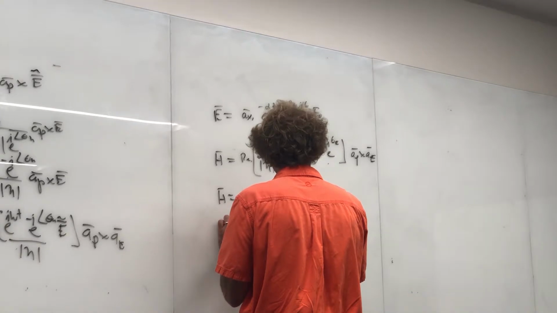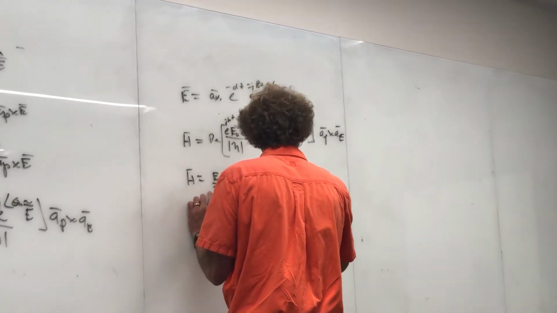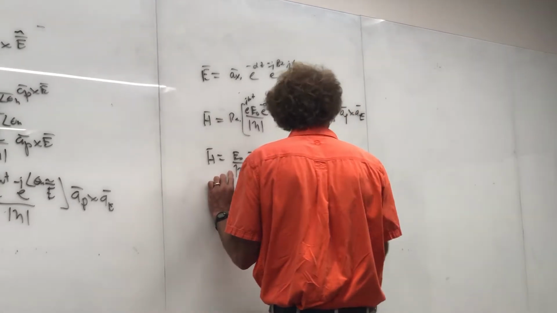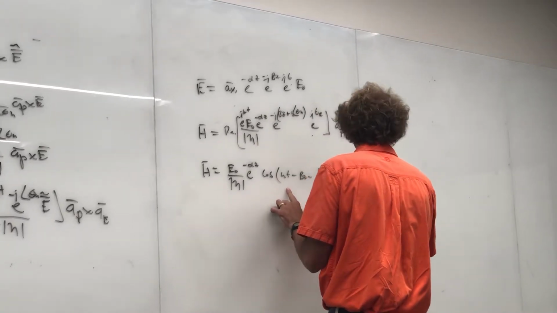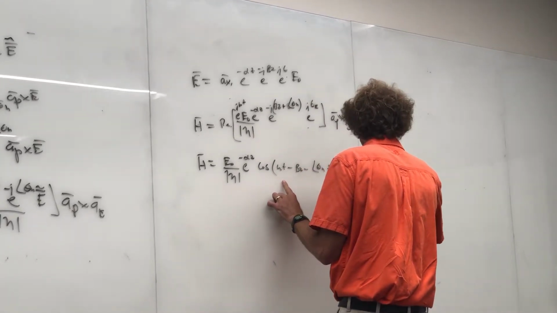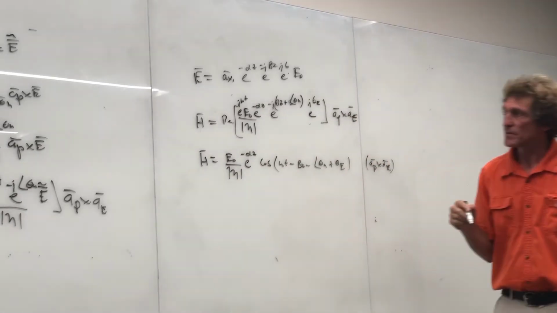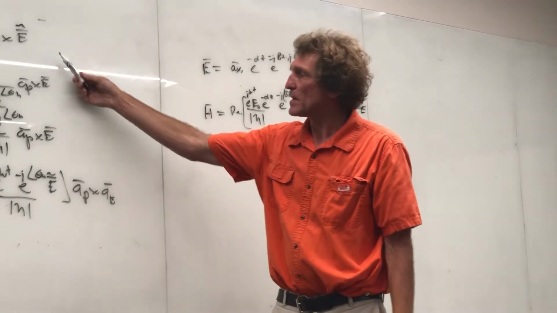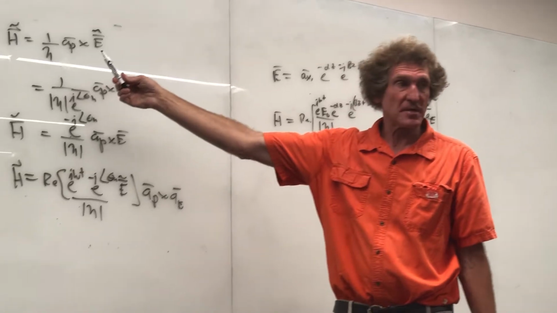So you have a cosine waveform that will come out omega t minus beta z minus the phase angle associated with n, and then plus the initial phase on E, and it would be in a direction A rho crossed into AE. Now let me just mention a few things so you got this. I know you're probably a little unfamiliar with this process. This just gets the vector sense of it, all right?